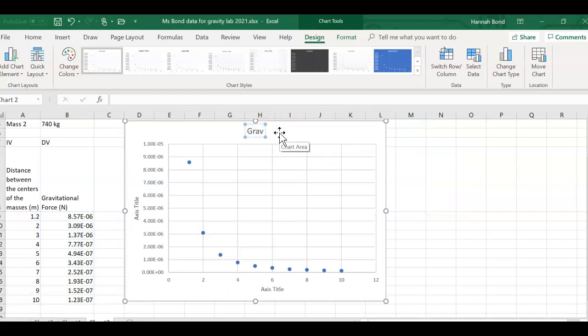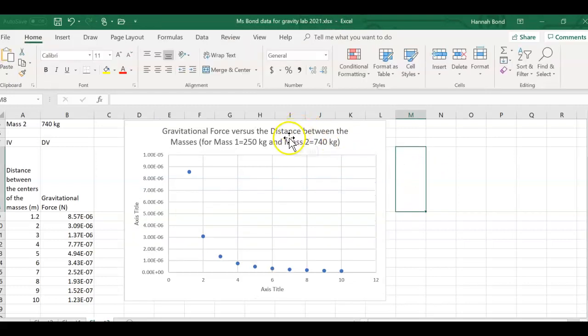This is gravitational force versus the distance between the masses, and this is for mass 1 equals 250 kilograms and mass 2 equals, for me, 740 kilograms. Since the constants are so important in this experiment, I'm putting those in my graphs as well.